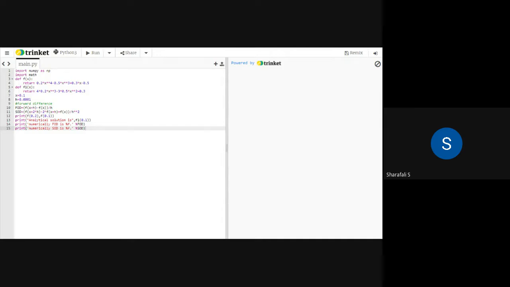You can see the program corresponding to this finite difference method. Here I have shown only the forward difference method. First I have imported numpy as np, and then import math. This one is not required.